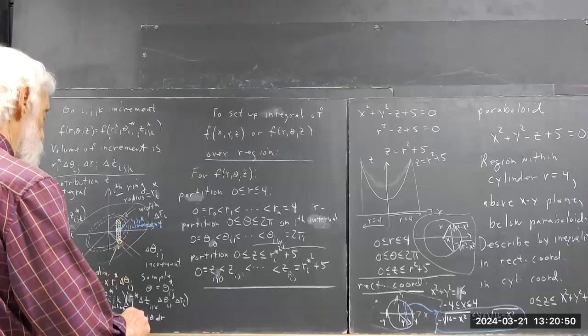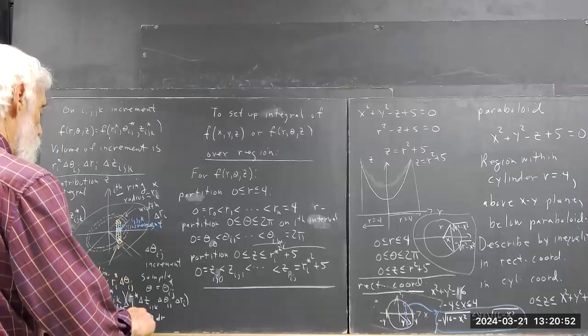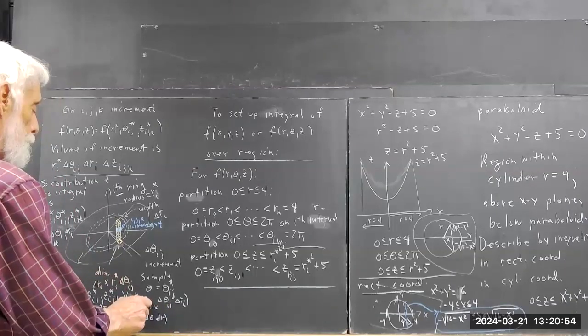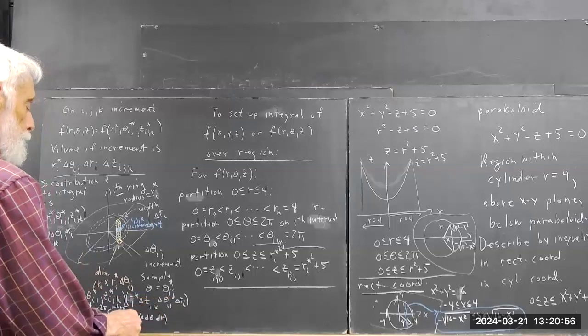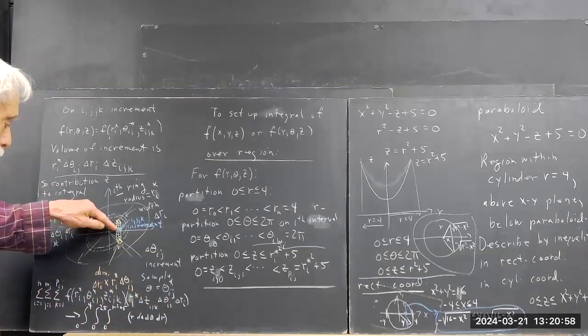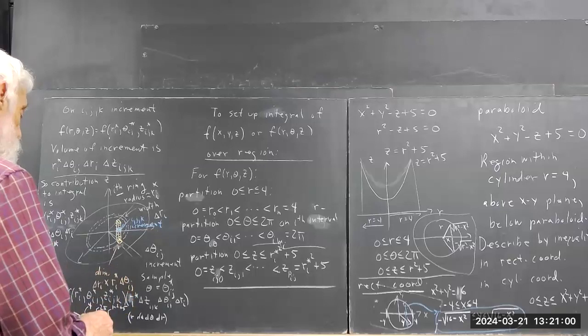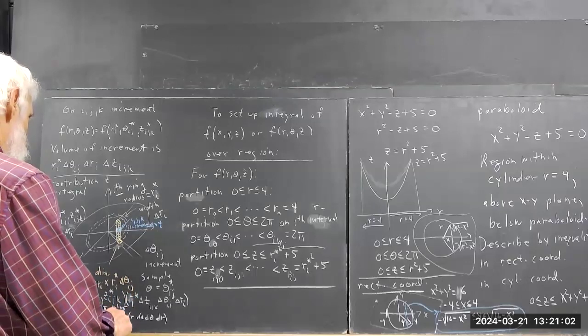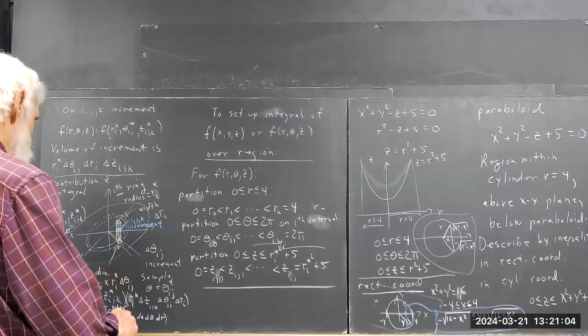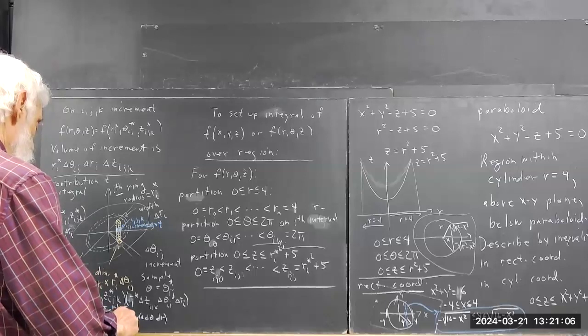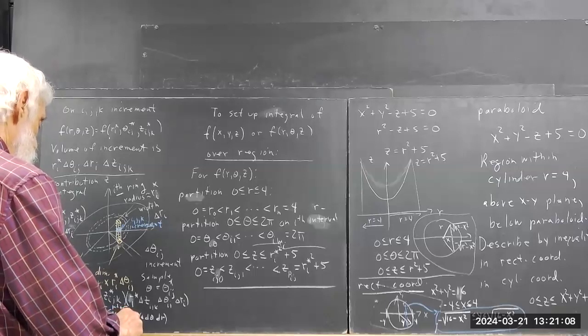We'll complete our volume increment with the r so that r dz d theta dr is the volume of the typical increment. And then we have our f of r, theta, z.